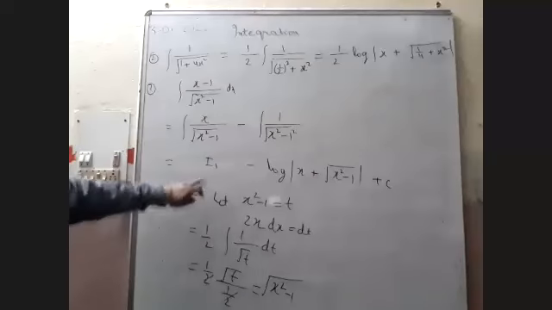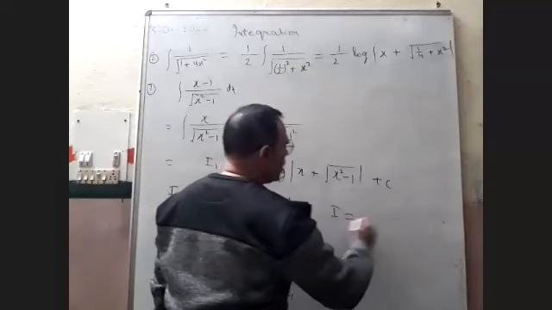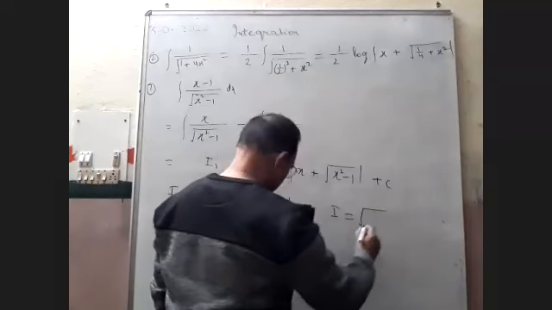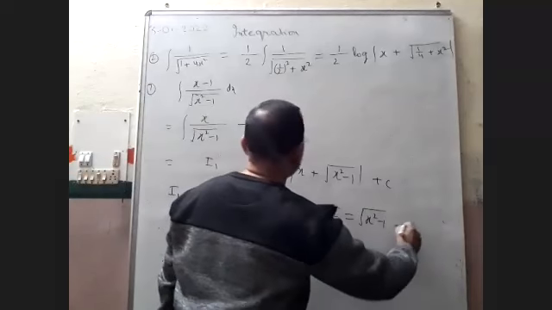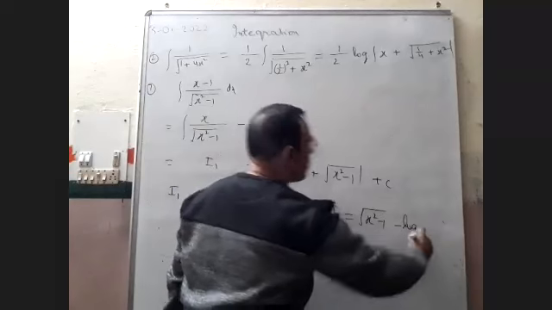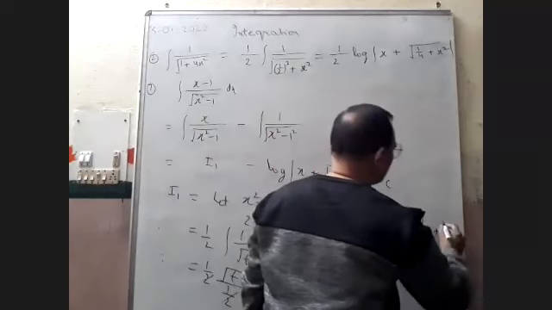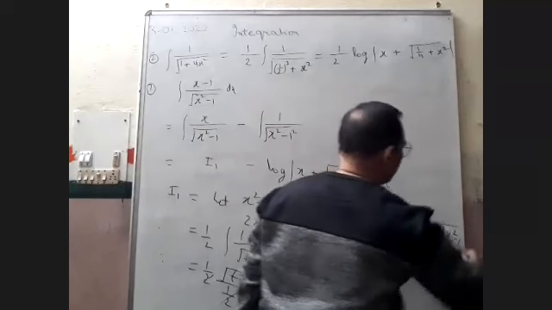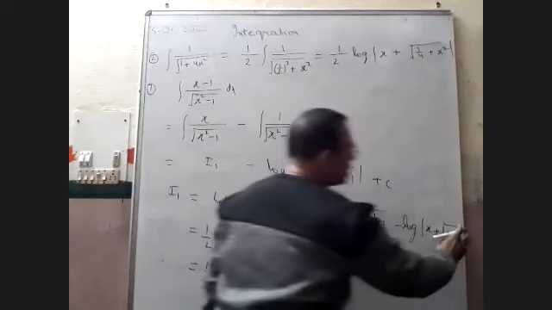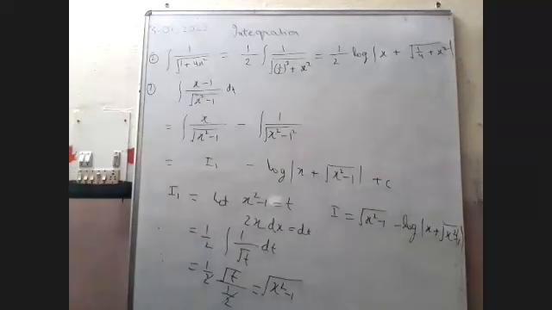So you can write the answer of I equals under root x square minus 1 minus log x plus under root x square minus 1. Now the integration is completed.